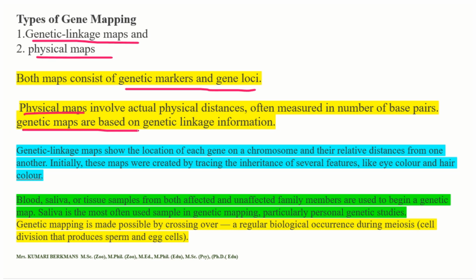Genetic maps are based on genetic linkage information. What are genetic linkage maps?